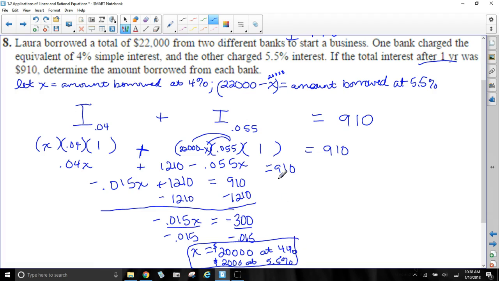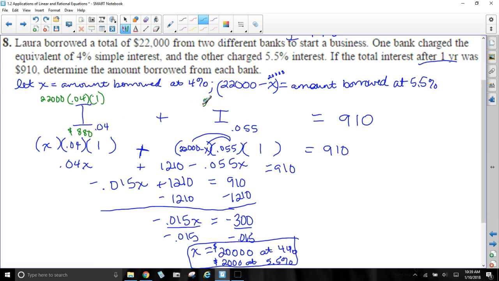Okay? Now, it's not a bad idea ever to go back and check your answers and make sure it makes sense. Let's see actually how much interest she had to pay off of borrowing $22,000 at 4% interest for 1 year. When you crunch that, 22,000 times 0.04 times 1, she had to pay $880, I'm going to write that right down here, in interest for this account.